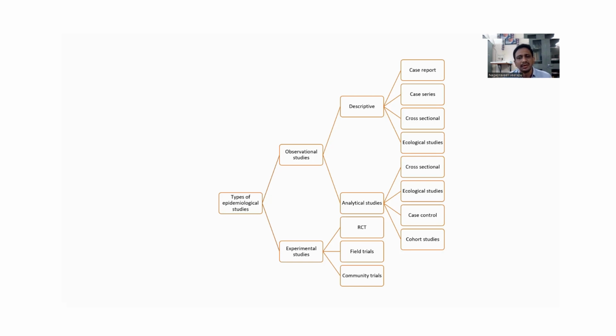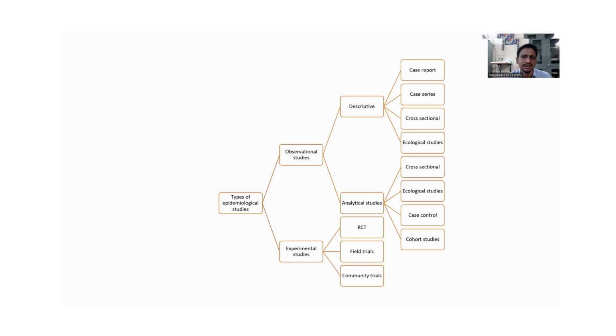In cross-sectional and ecological studies, if you move further and do some analysis, like doing a logistic regression and finding the odds ratio, finding some association between the factors responsible for the event or the disease process, then that study becomes an analytical study. So both cross-sectional and ecological studies come under both descriptive and analytical studies.